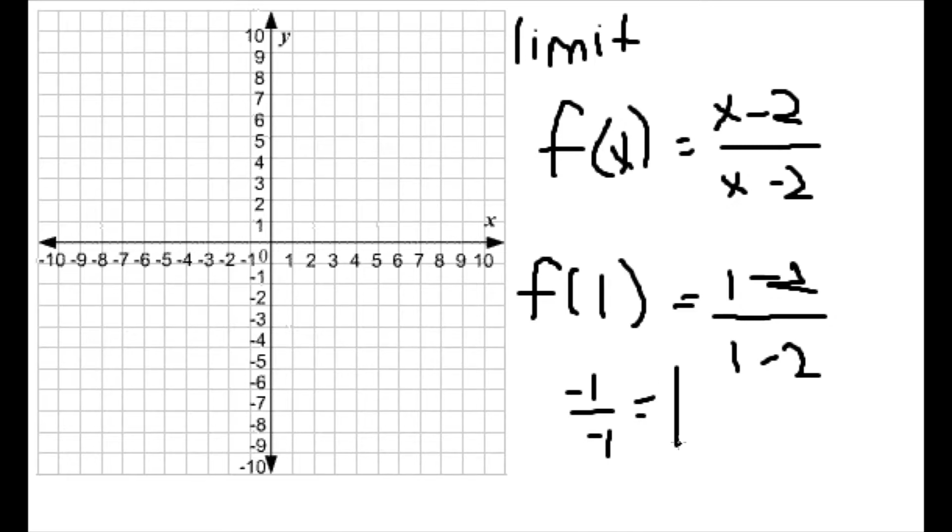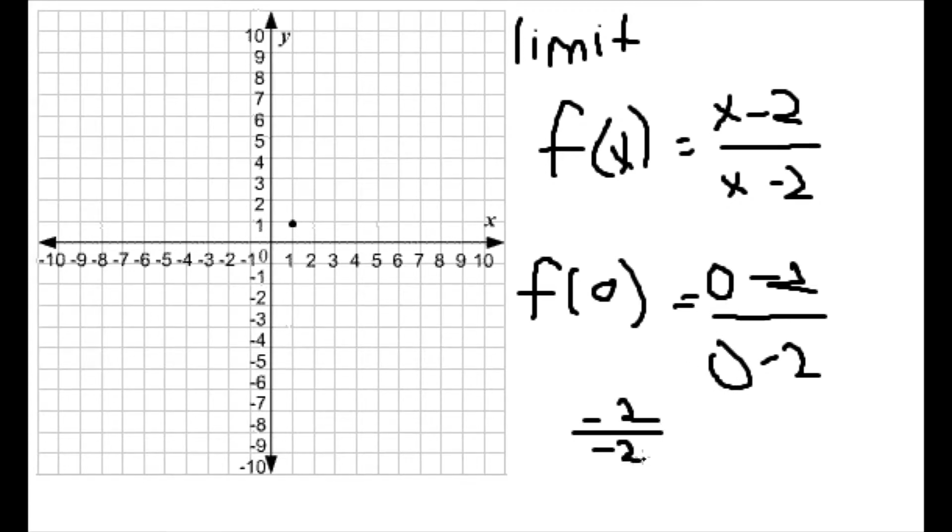So we see that when x is 1, y is equal to 1. On the graph, that would be right here. Let's say we have 0, for instance. So 0 minus 2 over 0 minus 2 is negative 2 over negative 2, and anything divided by itself is equal to 1. So it would also be 1.